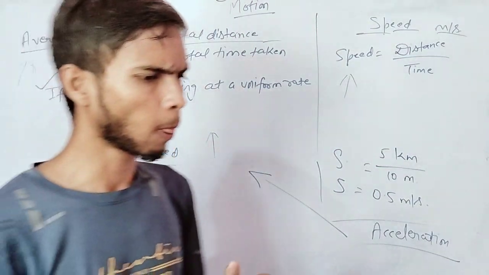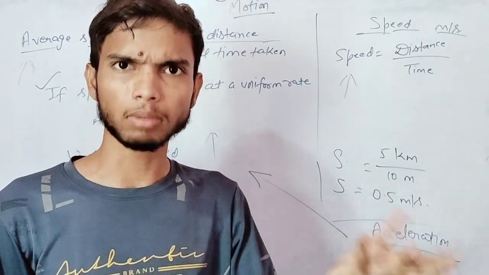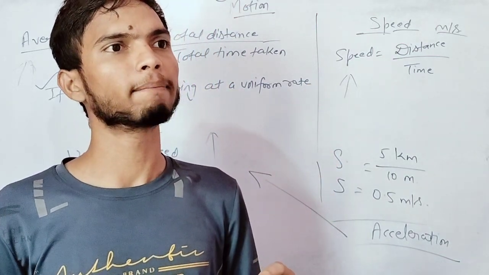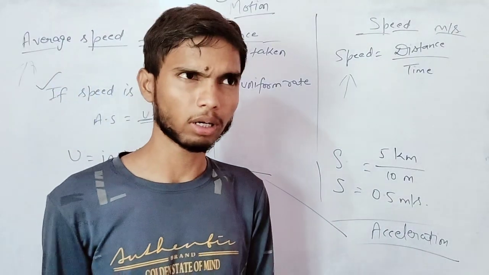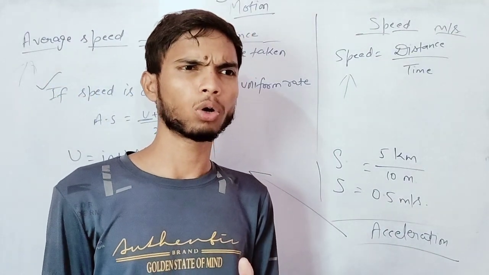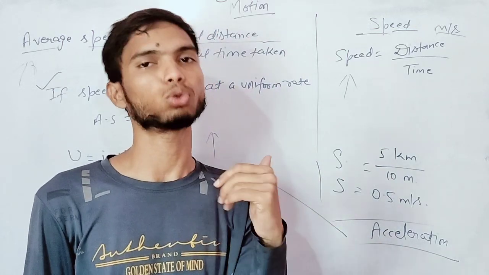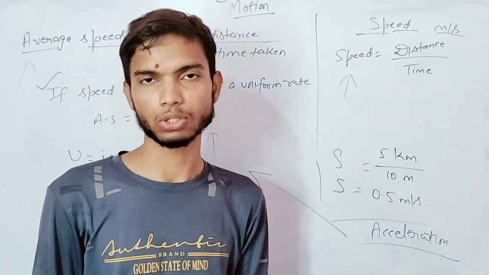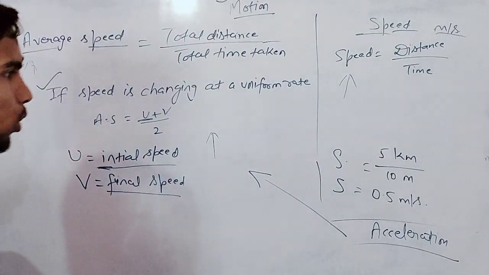Let's say the initial speed is at a middle level and the final speed is at a low level, because the person wants to stop his vehicle. That's why he applied a lower speed.